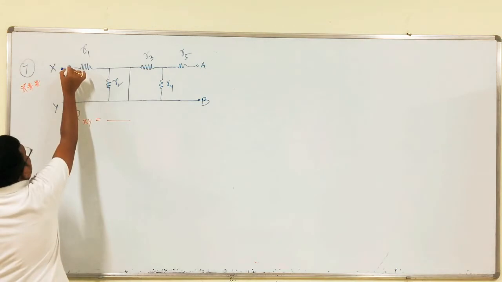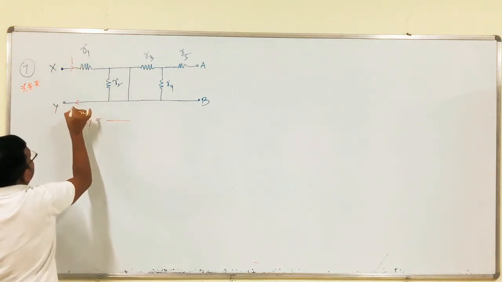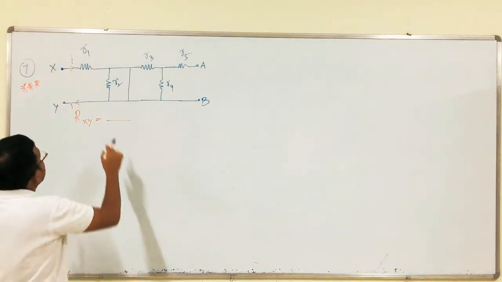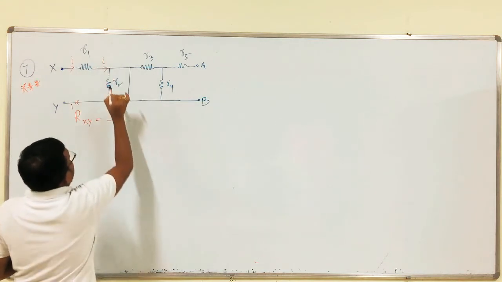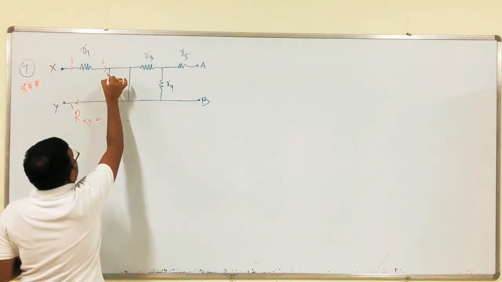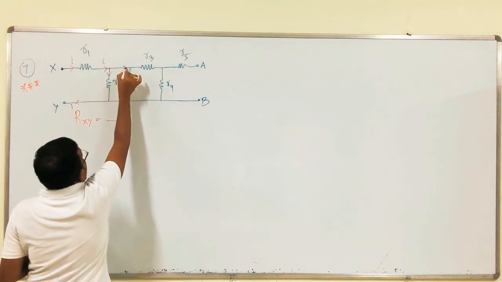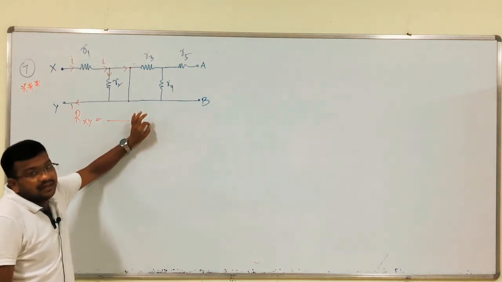Through this terminal the current is entering, right. The same amount of current can be leaving from this terminal y. Then the current can be split into this branch and this branch, right. So, from this circuit, have you observed anything?